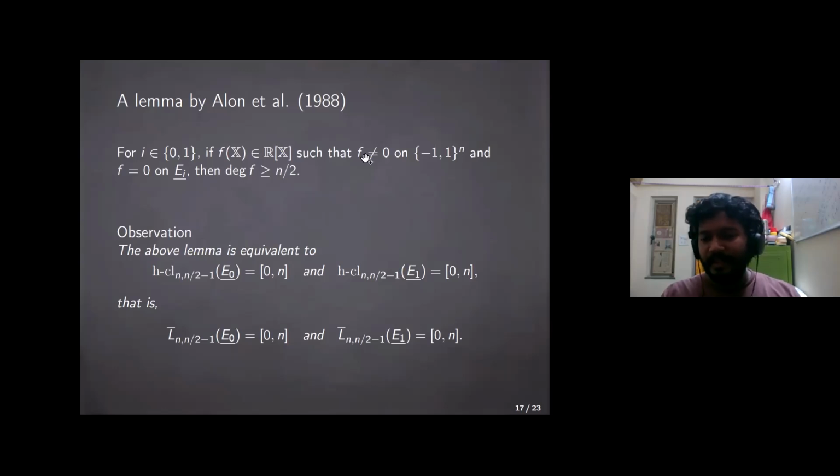The first statement mentions an arbitrary polynomial, not a product of hyperplanes. But I said it's equivalent to considering a product of hyperplanes. That's because this statement is about Zariski closures. But one can prove that Zariski closures are equal to hyperplane closures for all symmetric subsets.